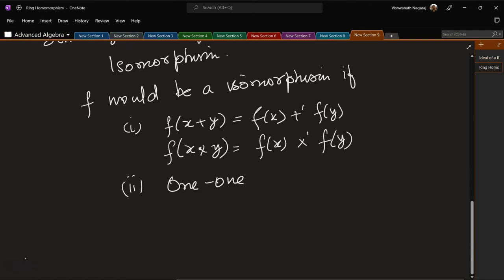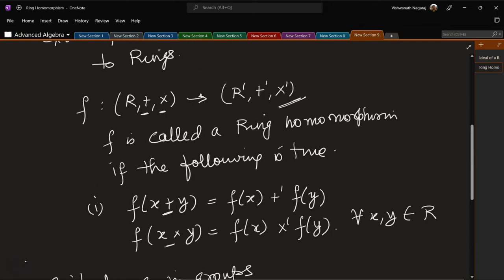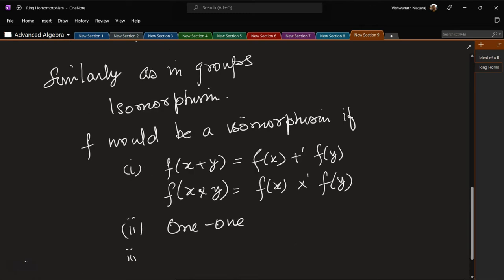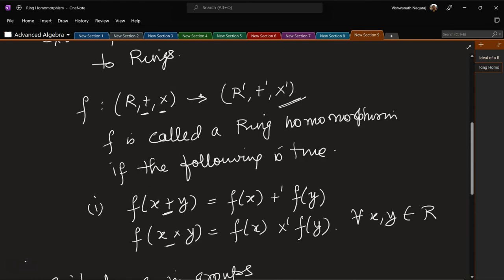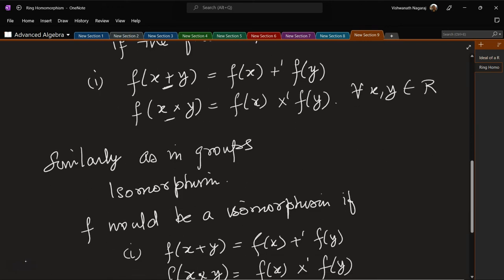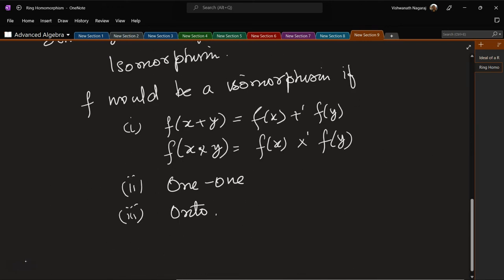That means for every element in the domain ring should map to an element in the codomain ring, and it should be onto. That means in R prime there should not be any element left which doesn't map back to an element of R. So these are the three conditions for it to be called an isomorphism.